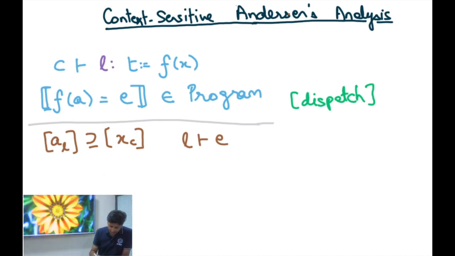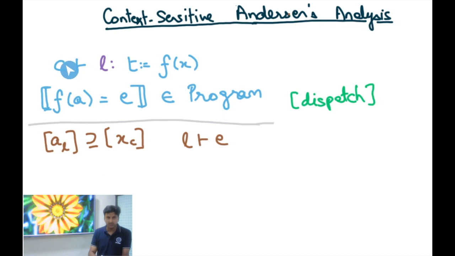Then basically I was analyzing this X in context C. So whatever is the points-to set of X in context C, I need to copy that to the points-to set of A in context L. In other words, I need to update the points-to set of AL using the points-to set of XC, because that's what's going to happen in this transfer from the caller to the callee.